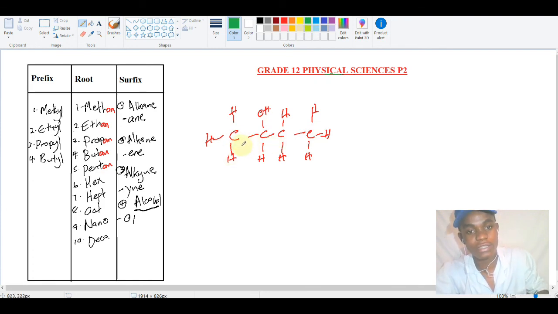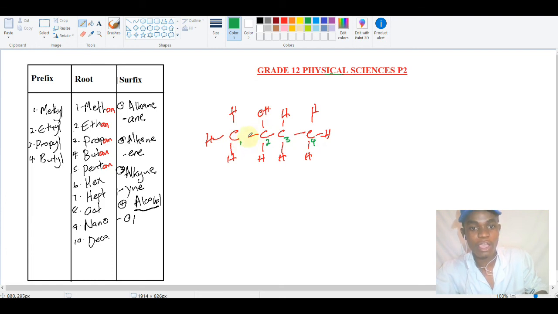You start from the side which is closest to the functional group, not the substituent, because we don't have any substituent. So you go 1, 2, 3, 4, not the other way around. The OH is very far, so you start from this side: 1, 2, 3, 4.